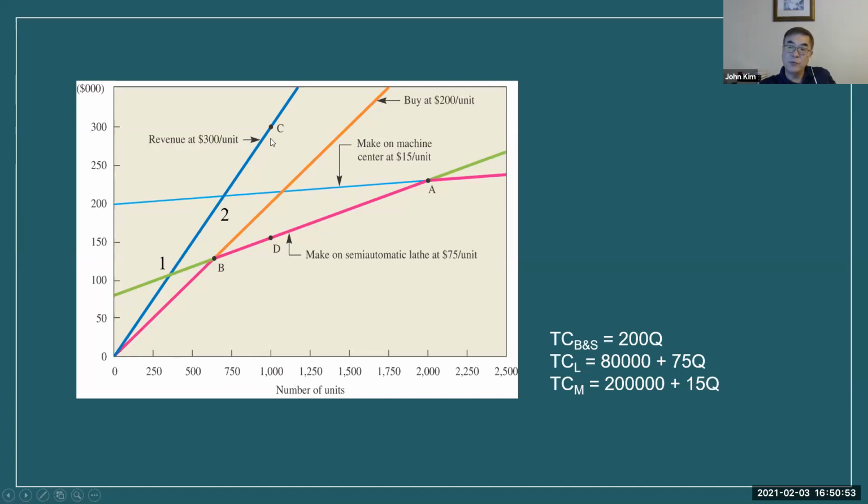Revenue increases by 300 per unit, and the first option increases by 200, so the difference grows. The distance between revenue and the buy and sell option is profit, because actually the break-even point is 0.